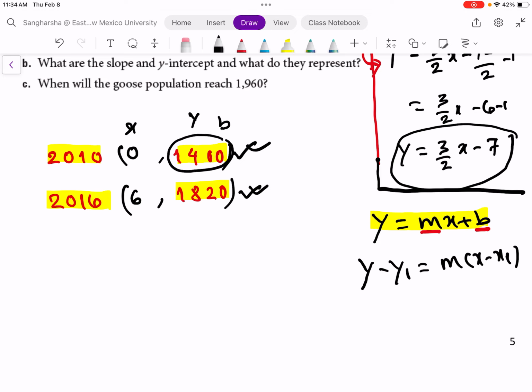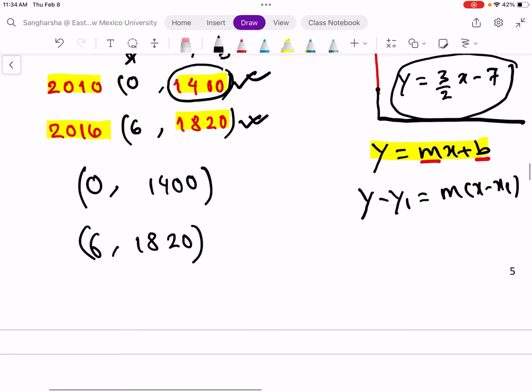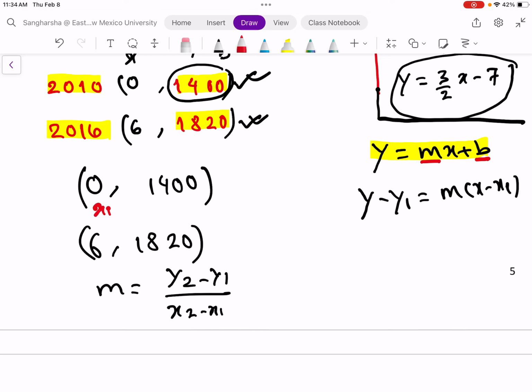Now let's find the slope. Let me rewrite these two points. We have (0, 1400) as one point, and the other point is (6, 1820). Slope is the difference of y coordinates divided by the difference of x coordinates. Let's call this x1, y1 and this x2, y2.